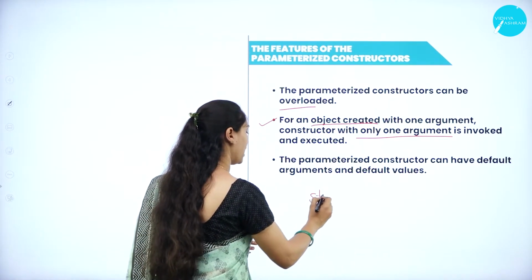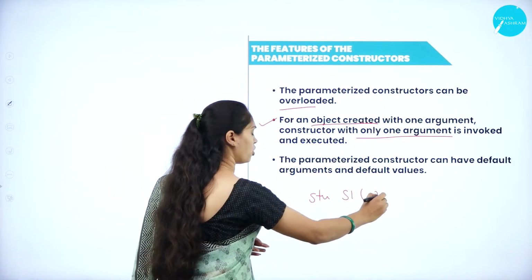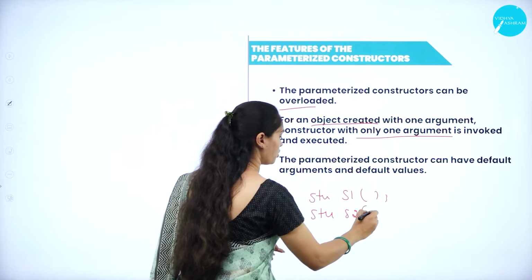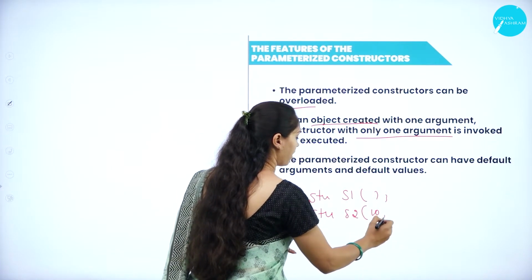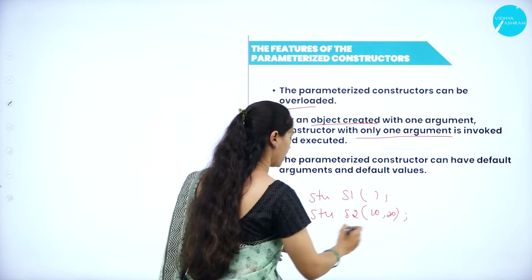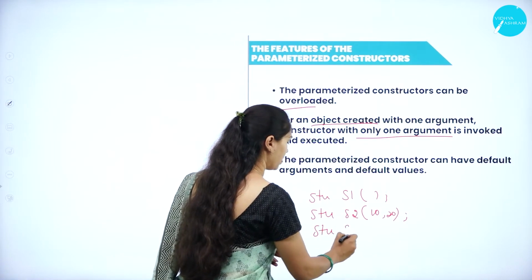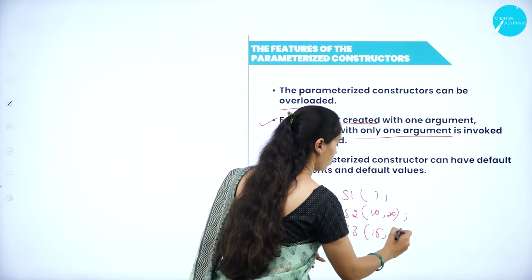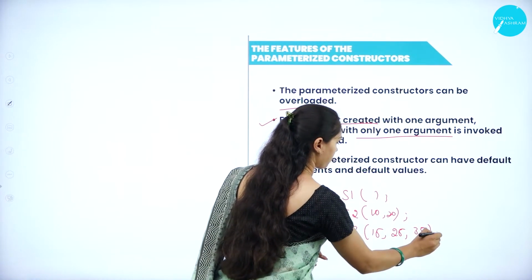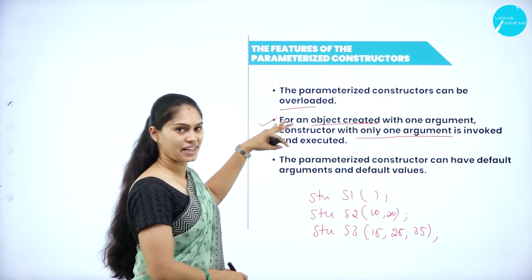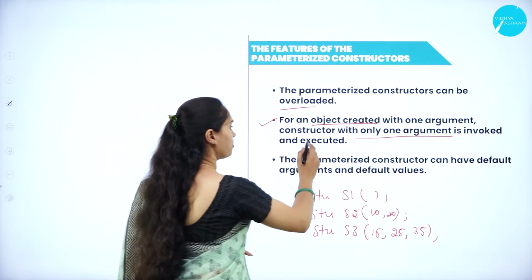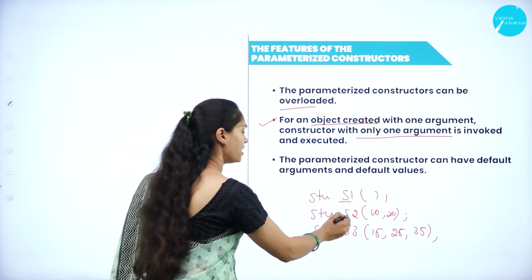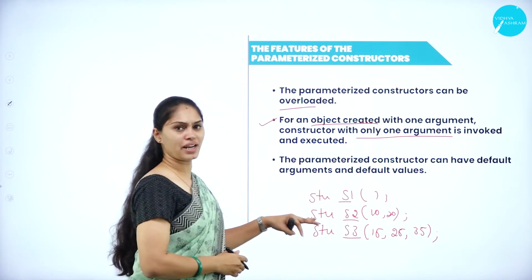For example, Stu s1. I am not going to send any parameter. Stu s2. I am going to send 2 arguments here, the values 10 and 20. Stu s3. I am going to send 3 values: 15, 25 and 35. So what they meant in the second point is that the constructor is called when the objects are created. What are the objects that I am creating here?